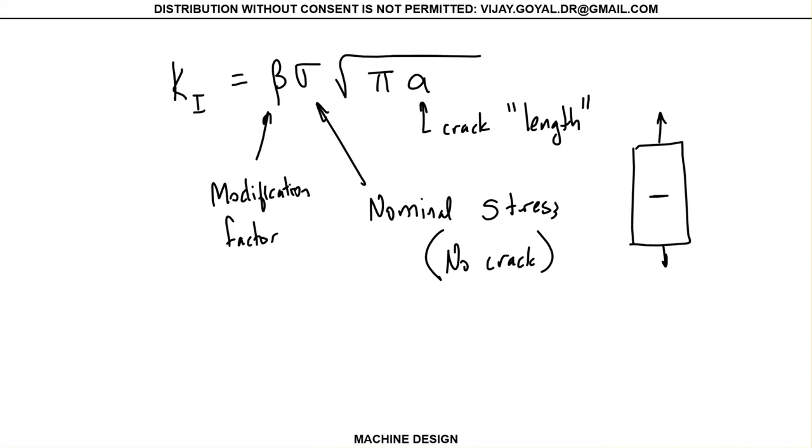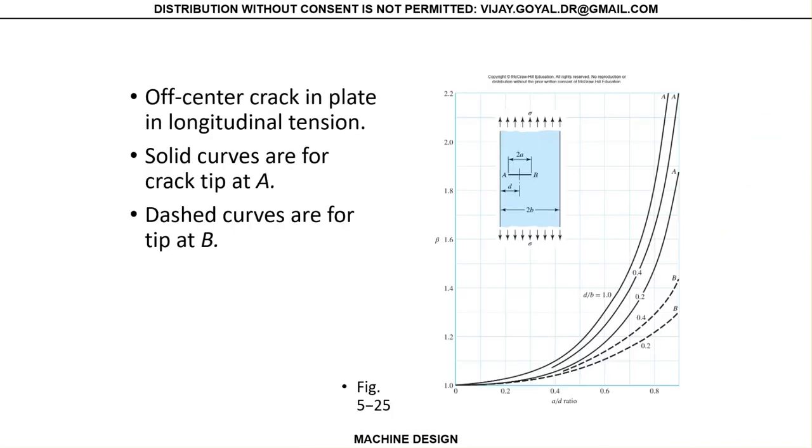At this particular location right here, I'm going to evaluate the plate. I want to know the stress exactly where the crack is, but with no crack, and that is this stress that I'm pulling with right here. Assume there's actually no discontinuity there. That's the value that goes there. Now, there are some nice charts in your book that tell you exactly what they look like. If you have a crack, you have to look at the figure very carefully and know what your A and B are. So this is 2 times B, 2 times A.